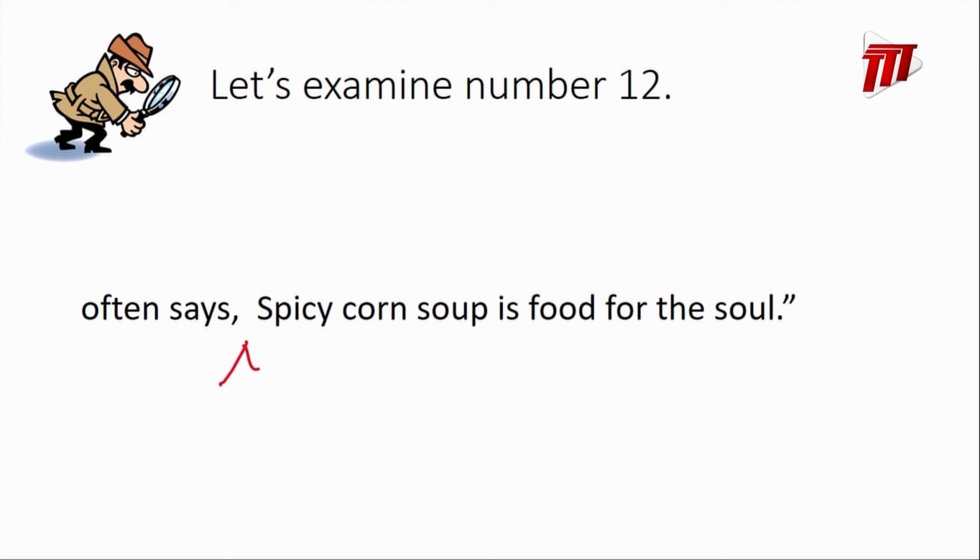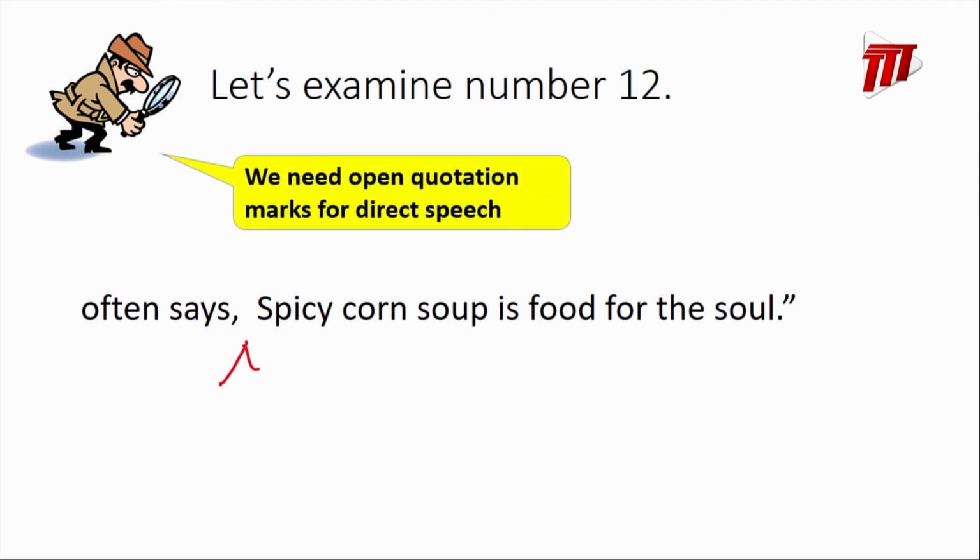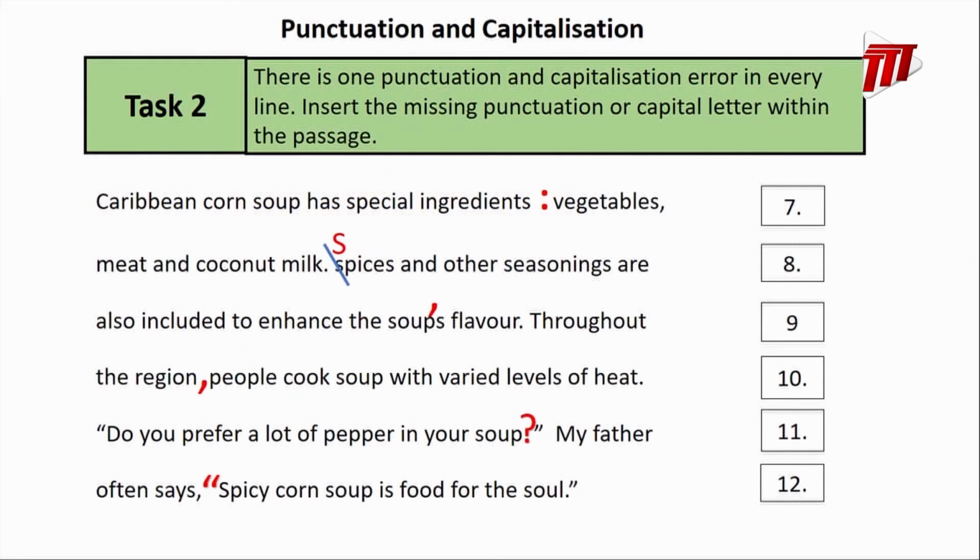Punctuation mark, then open quotation, all right? So we put them in just before the S in spicy, and be sure to put it in appropriately in your passage. Open quotation, spicy corn soup is food for the soul. So you have your punctuation marks and capital letters in each line in the correct position to get all your marks, all right?